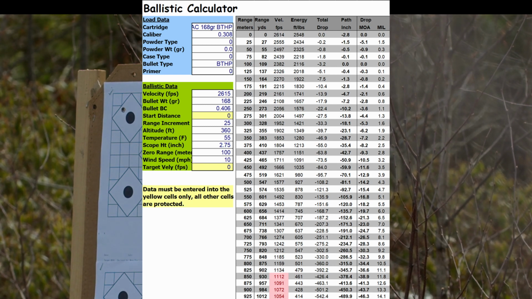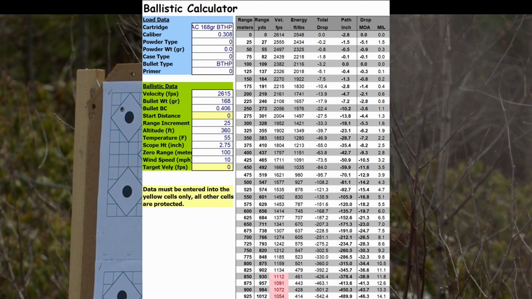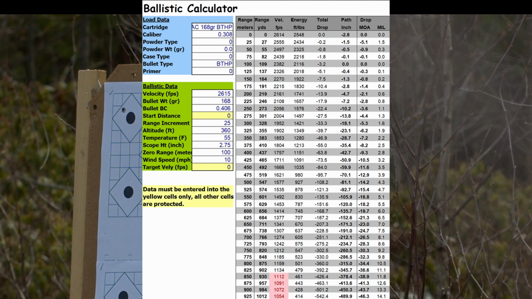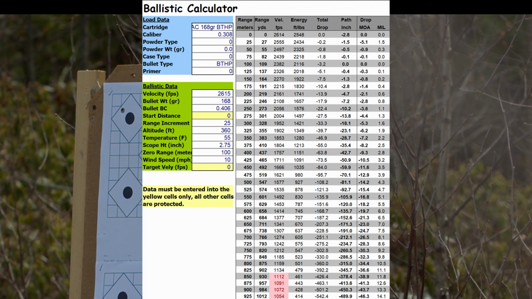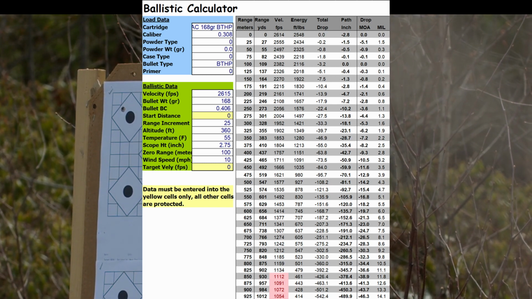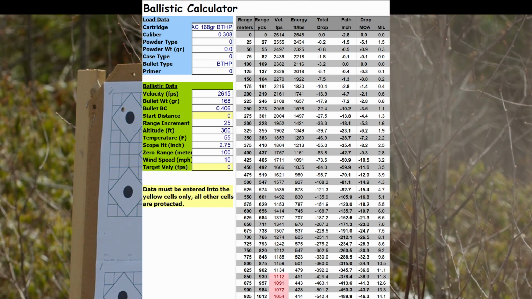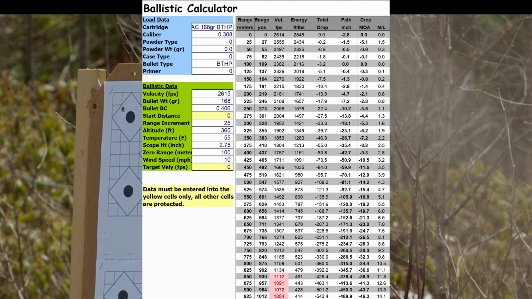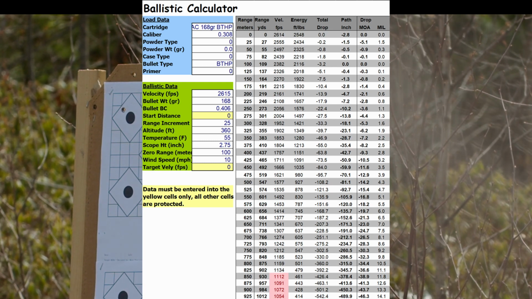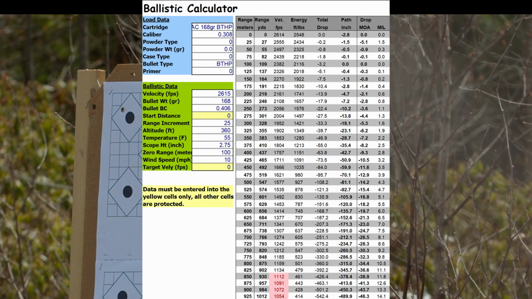This BC, combined with the rather impressive velocities, gave us a transonic speed of between 825 and 850 meters, which for .308 is pretty impressive. You're out over 900 yards at that point.